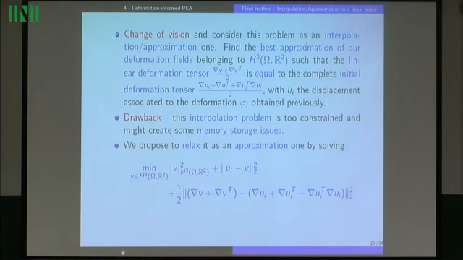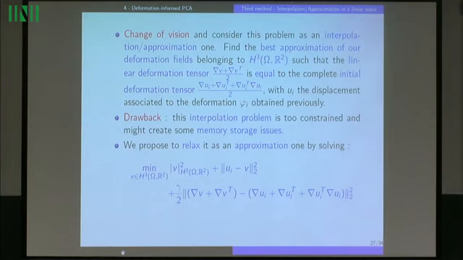And the third method we are looking at is based on an interpolation approximation problem. And the idea is to find the best approximation of our deformation fields belonging to H3 such that the linear deformation tensor is equal to the complete initial deformation tensor.